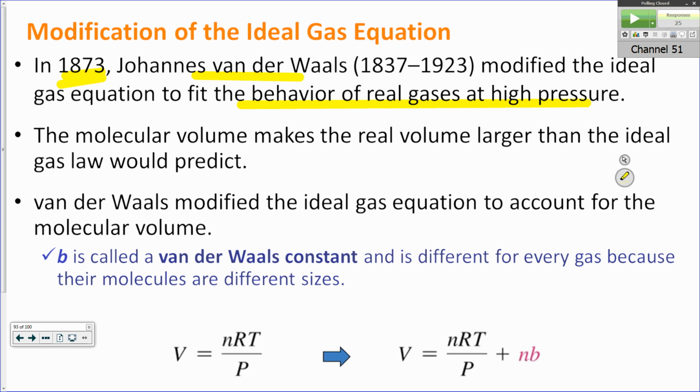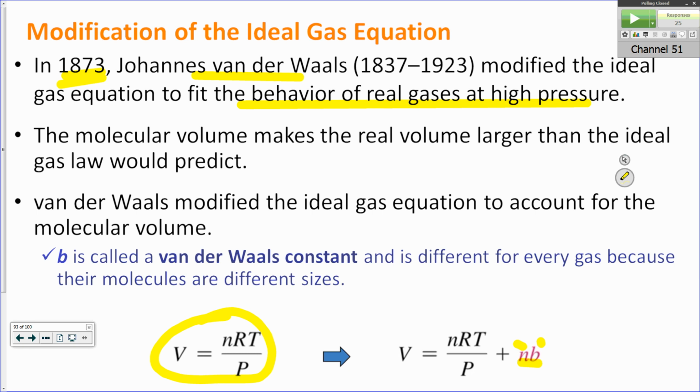Instead of just PV equals nRT for volume, he realized that there had to be something that offset for the additional volume of these individual molecules or gas particles. So this fudge factor is just the number of particles times whatever this factor B turns out to be. And that factor is going to depend on what the gas is.